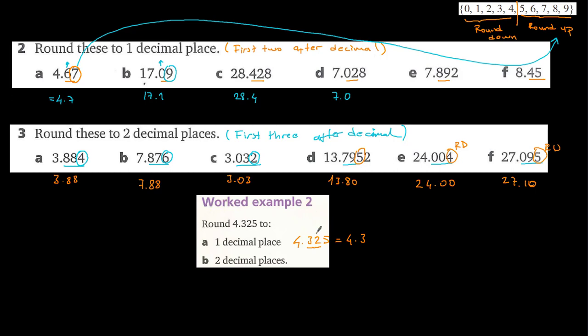This is the round down group here, as I showed before. And when we talk about 2 decimal places, 3 to 5, so this is the important digit. This is the round up group, so this is going to be equal to 4.33. This is the round up group, so it's going to affect the next one, and it's going to increase 1 unit up. So when you increase 1 unit up, 4.33 is going to be the answer.